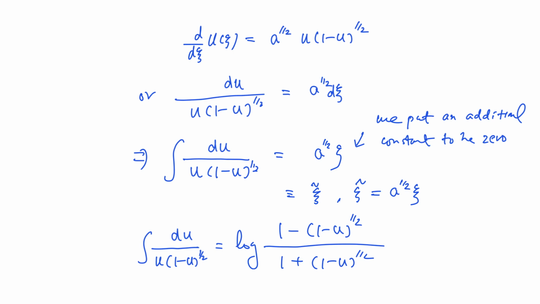Let's try to take a derivative of the right-hand side. And it gives 1 over u, 1 minus u to the 1/2. So I'm going to do this. d log 1 minus one half.